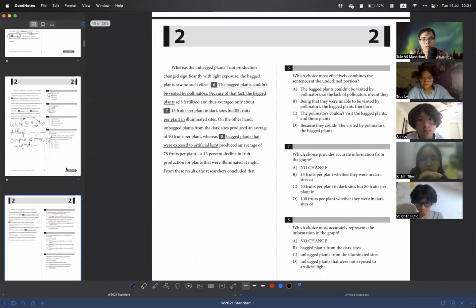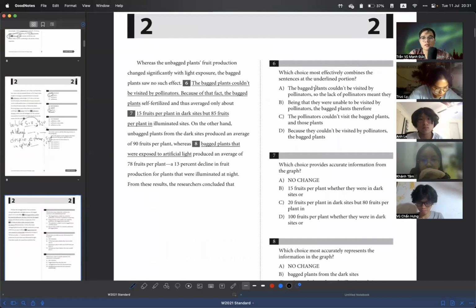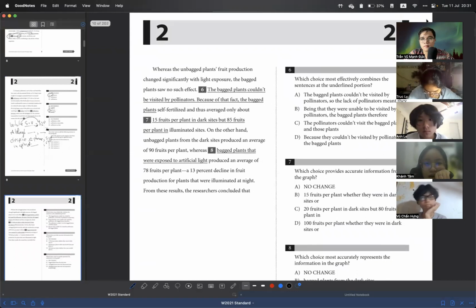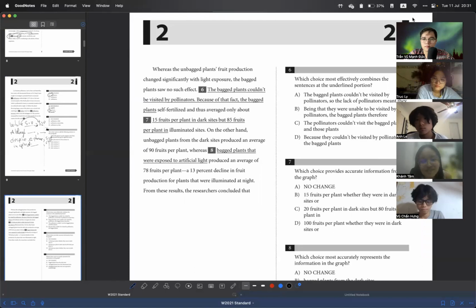Next one is which one most effectively combines? Can you do it, Tâm? I choose D. All right, D. Do you remember how you can do this? First I remove the longest sentence.